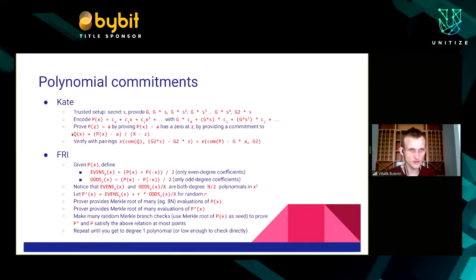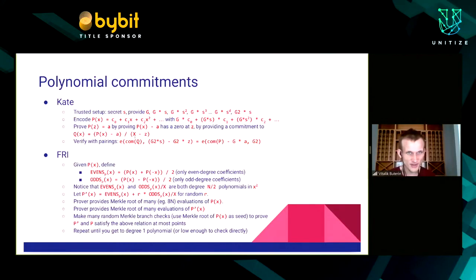So if you can provide a polynomial such that you multiply it by X minus Z, and then you add A, you actually get your P of X, and this proves that P of X is a polynomial that equals A at this particular coordinate.